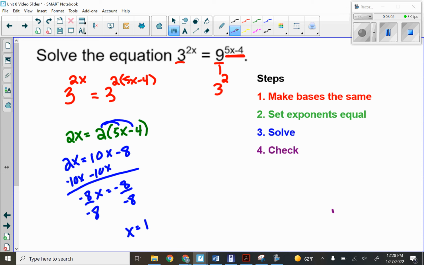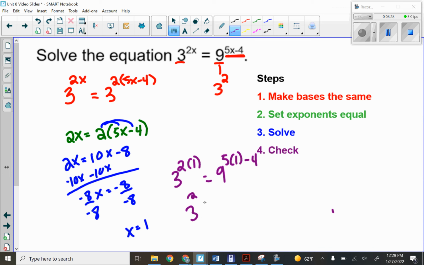And then don't forget to take a moment and check your answer. 3 to the 2 times 1 power equals 9 to the 5 times 1 minus 4.